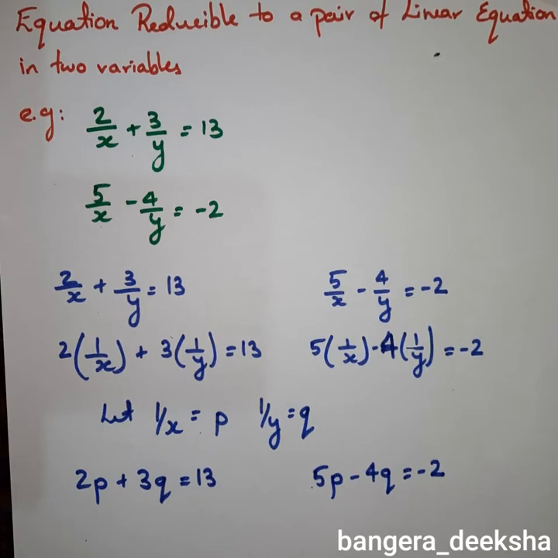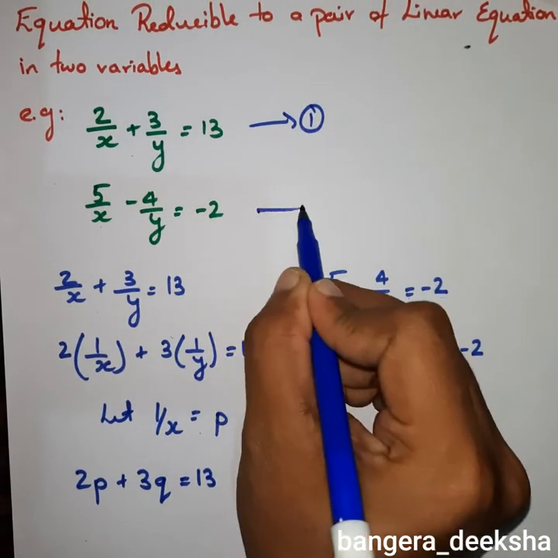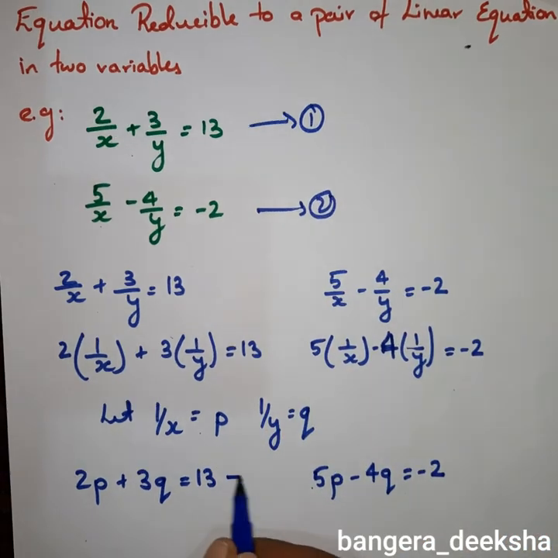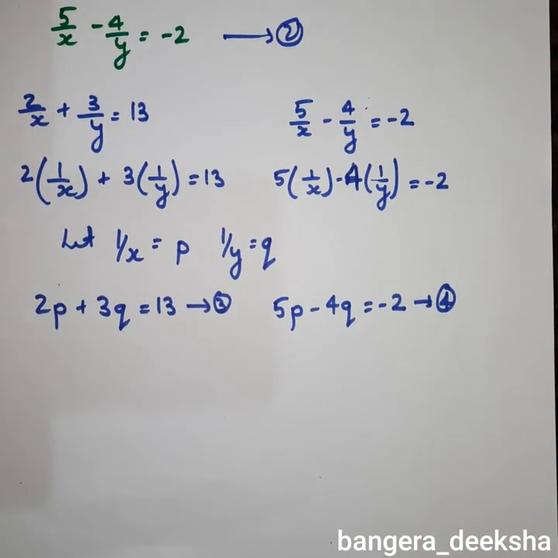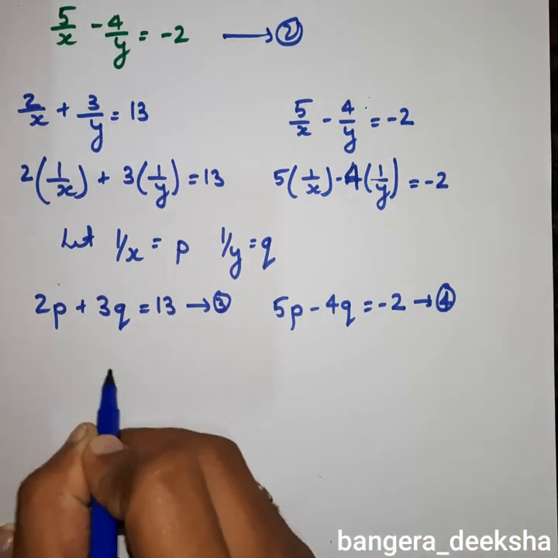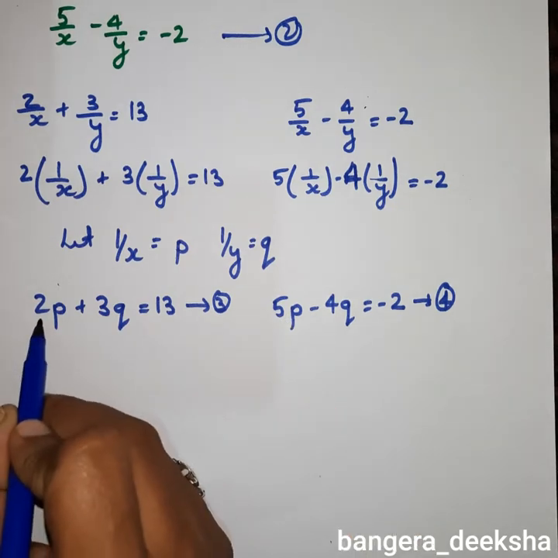Now what you're going to do is try to solve this by any method, may it be substitution, elimination or cross multiplication. This was your equation 1, this was your equation 2. This will form your equation 3 and this will form equation 4. In this, I'll be using the elimination method to find the value of P and Q. If you see here, P has the coefficient 5 and here it has 2.